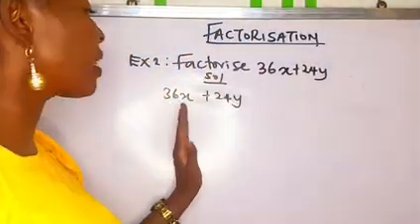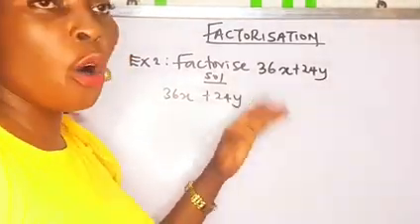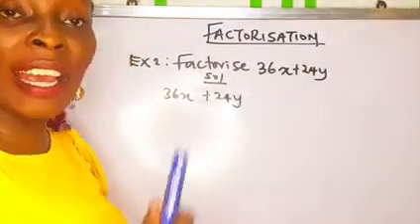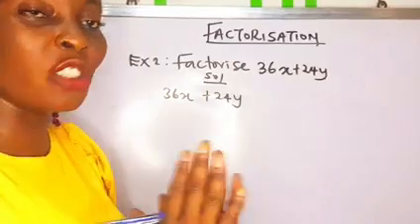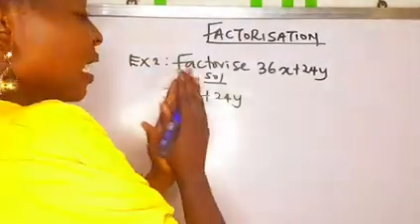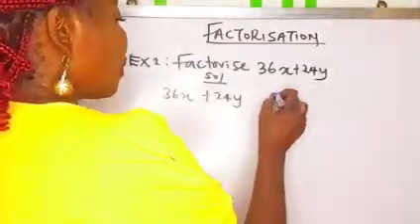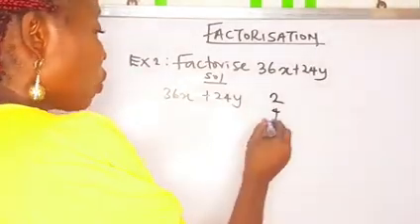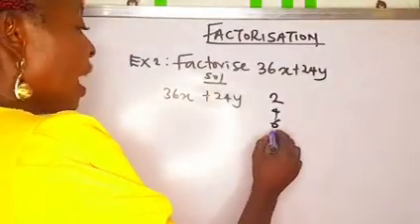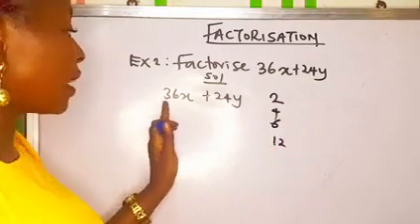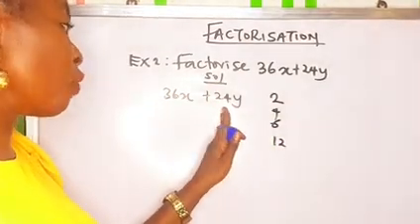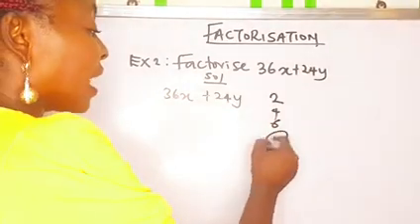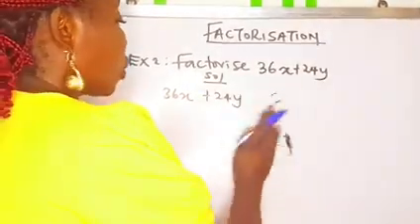We have 36x plus 24y. Now again, we're going to look for the highest number that can divide 36 and 24. So we have 2 can divide, we have 4 can divide both numbers, we also have that 6 can divide both numbers, and also 12 can divide 36 and 24. So 12 is the highest number, so we are going to take 12.